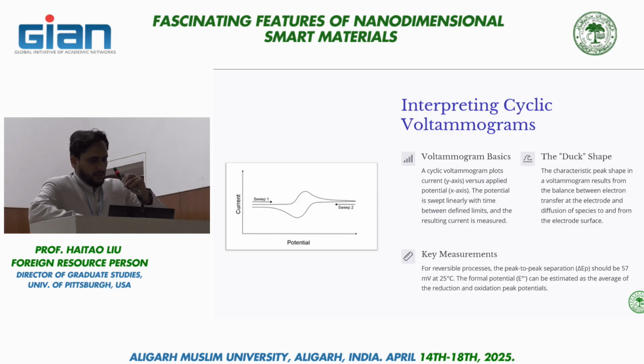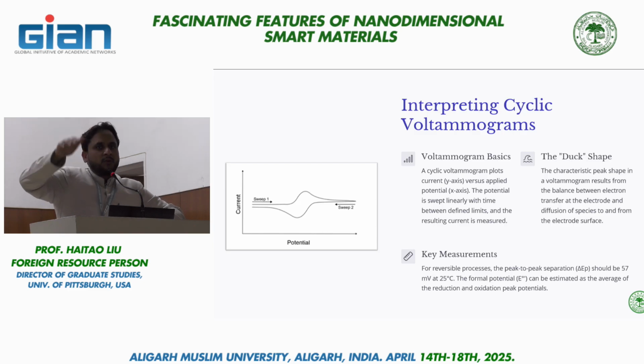Now, I think we have focused mostly on cyclic voltammograms here, but as I said, LSV is also a very important technique. Linear sweep voltammetry: in voltammetry, we sweep the potential, we give different potentials to the system, and in response to that potential, the current generated by the system is measured and then plotted.